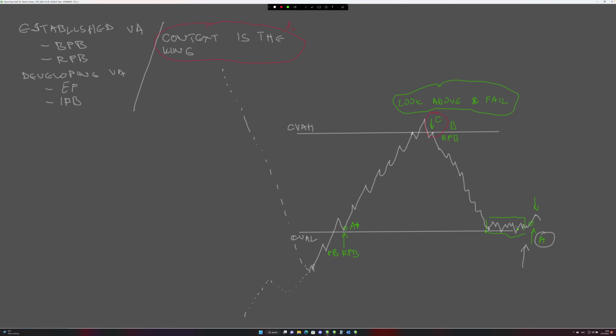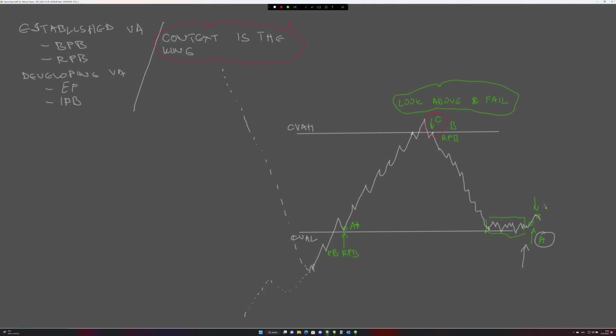this fake breakout from this smaller, short time frame balance zone inside the day balance zone, so you can get into short here.